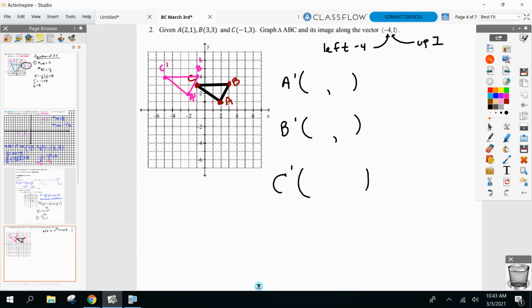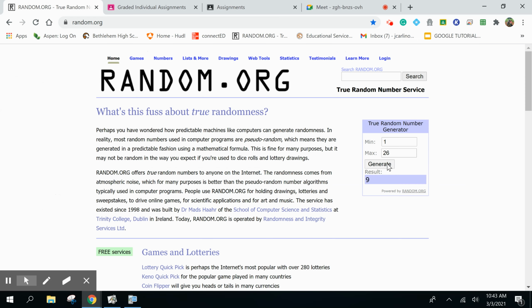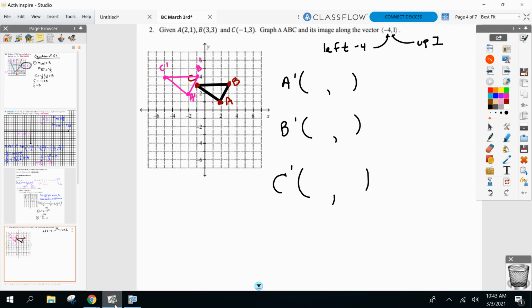I do want to ask somebody what they got for the coordinates. So graph and state them as well. Hayden, here we go. What do you got for your coordinates, when you're ready?